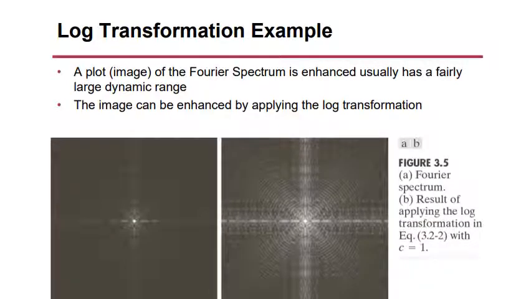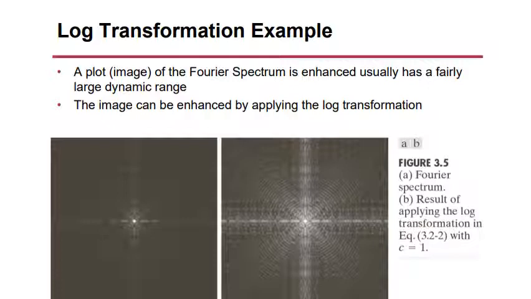What you see here is such an example. Figure A is a Fourier spectrum. By applying the log transformation, what we get on the right side is the result of the same equation that I have told you, S is equal to C log 1 plus R. Here C is taken to be 1.